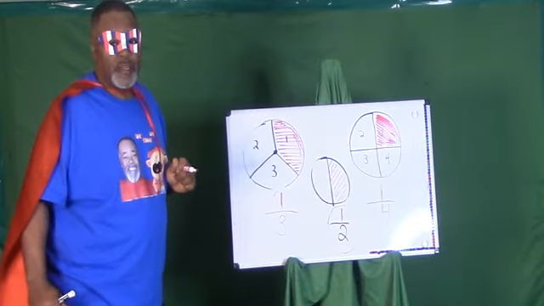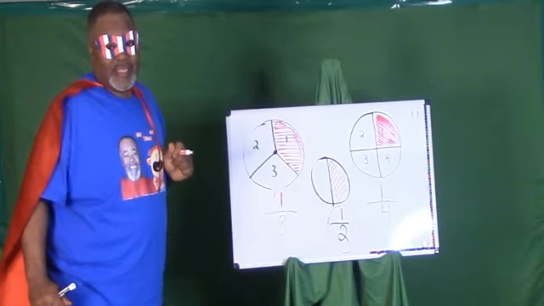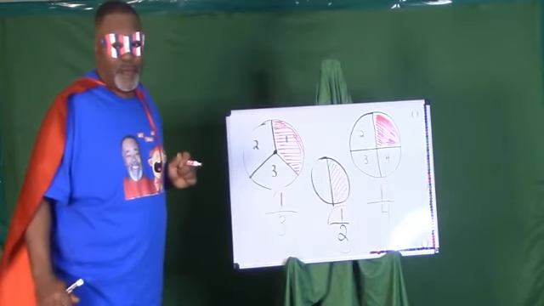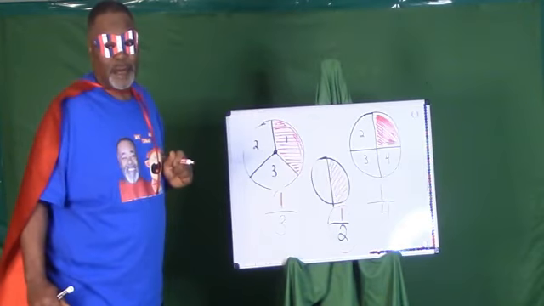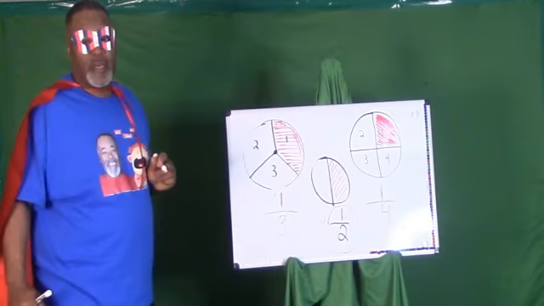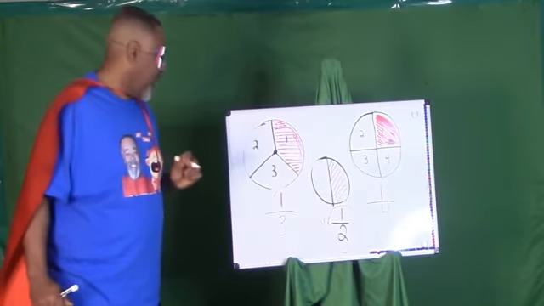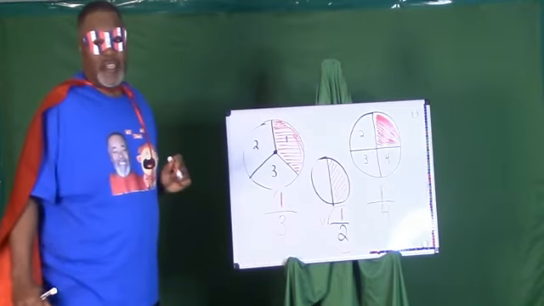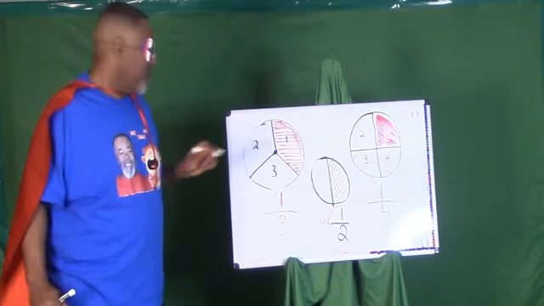You see it? So if you wanted to eat this pizza, which one would you go for? That's right. You would go for the 1/2 because it looks like you're eating more of a slice than the other ones are.